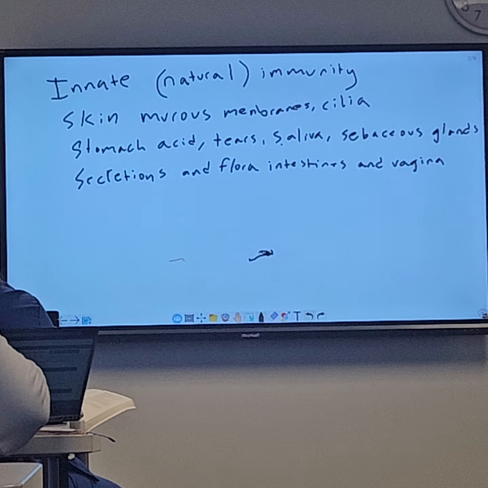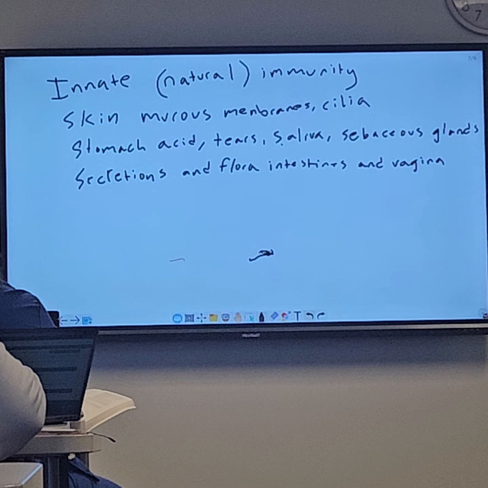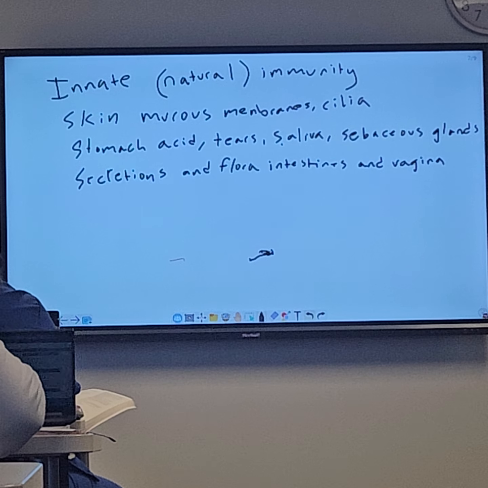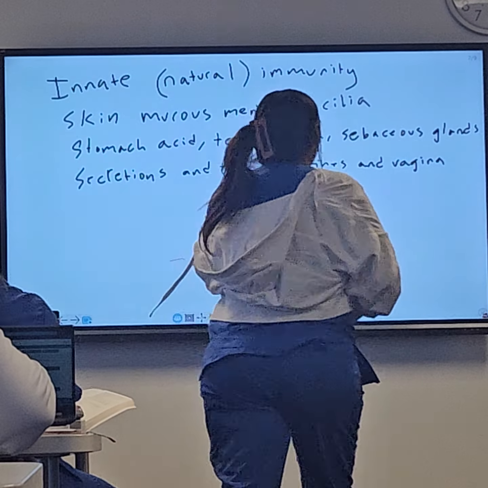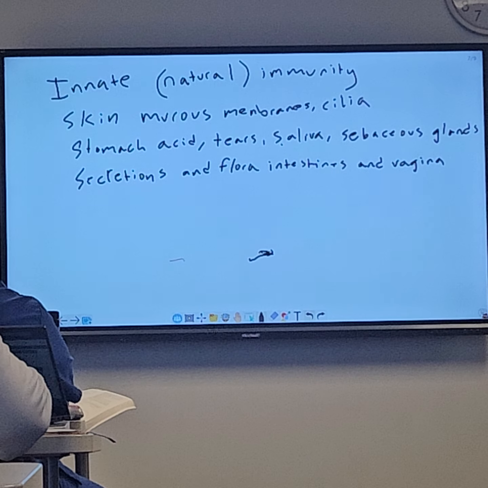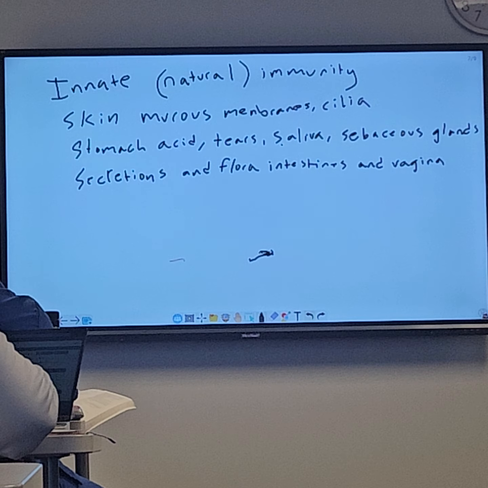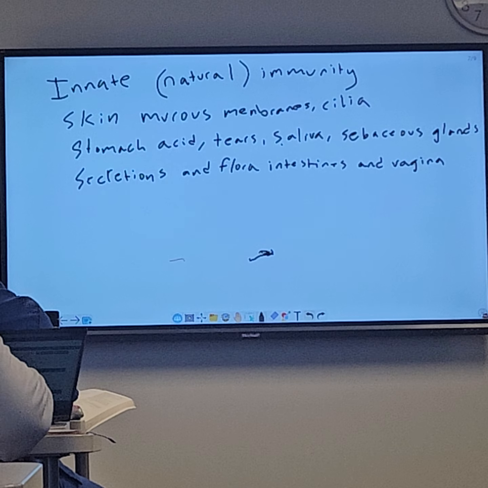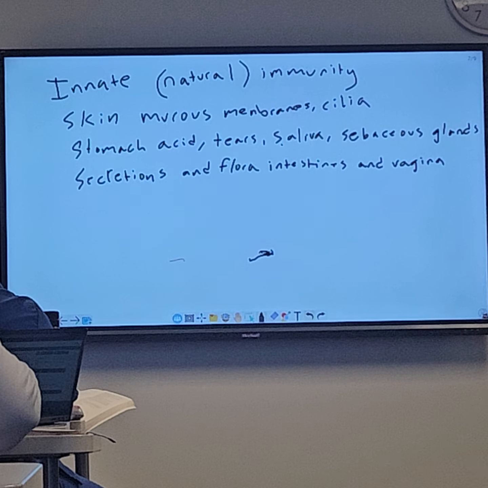In the intestines and vagina, secretions, flora, and acidity will not allow certain bacteria or antigens to flourish, and therefore you don't get an infection. Your stomach acidity will probably just kill anything that came on your food.